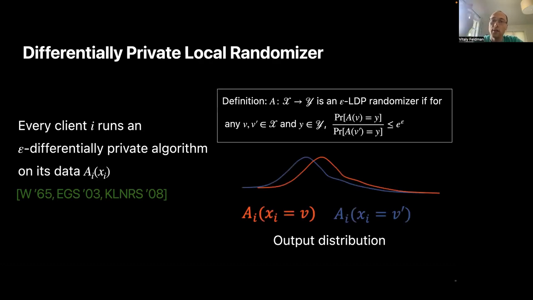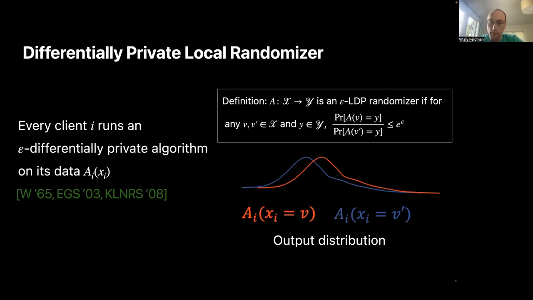More formally, this notion has the following definition. It says that an algorithm is an epsilon differentially private local randomizer if for any two possible inputs in the domain of that randomizer and any possible output value y, the ratio of the probabilities of outputting that specific value y under the first input and under the second input is upper bounded by e to the epsilon.